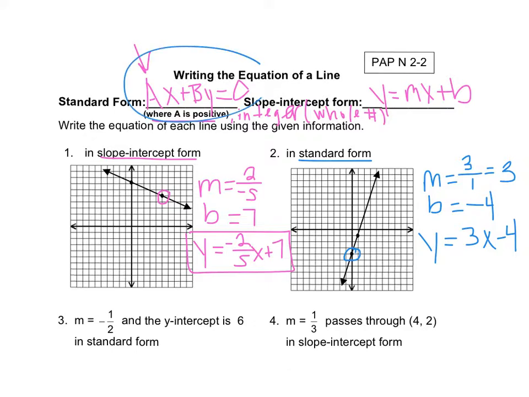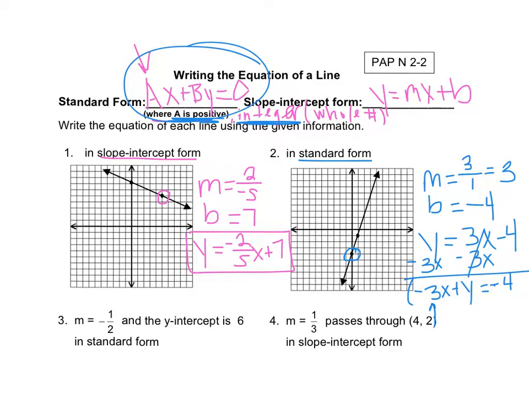But we want standard form, so we want x and y on the same side of the equation. So I'm going to subtract 3x. So that's negative 3x plus y equals negative 4. Now, remember we said at the beginning, a needs to be positive and an integer, which is a whole number. So notice a, which is the coefficient of x, it's negative 3.